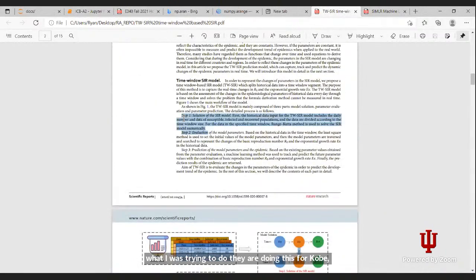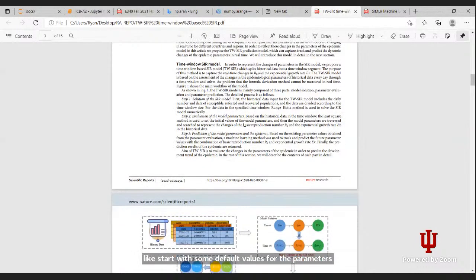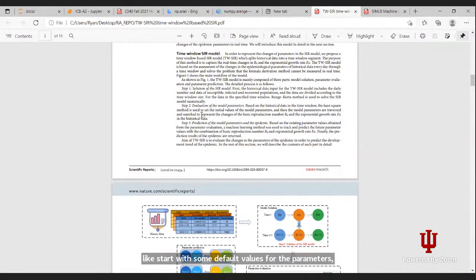Essentially they do it in 3 steps. In the first step, they start with some default values for the parameters and try to predict the SIR values. Then there's a second step where they evaluate the model parameters.